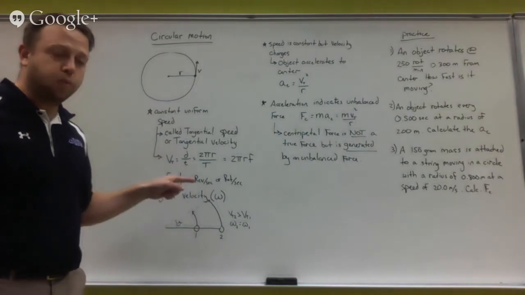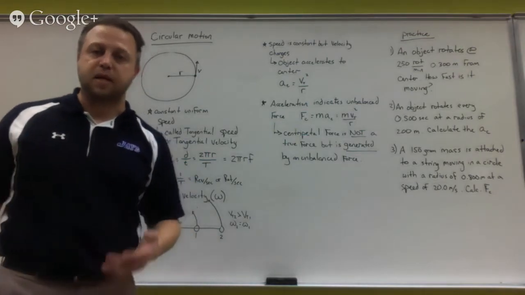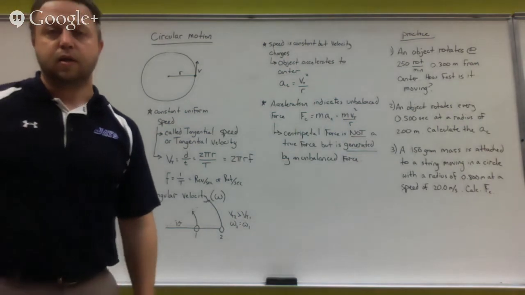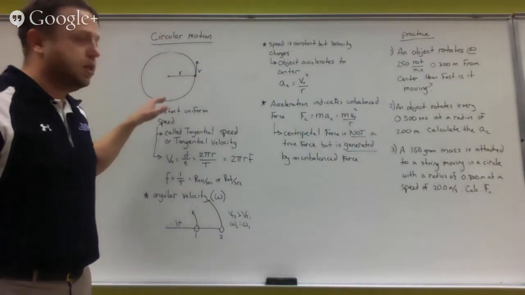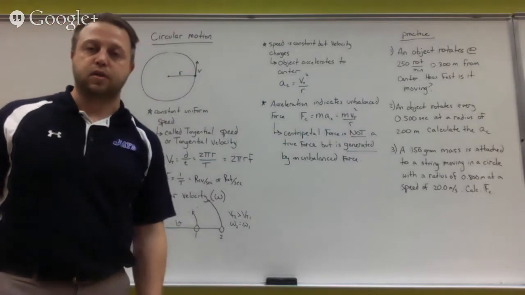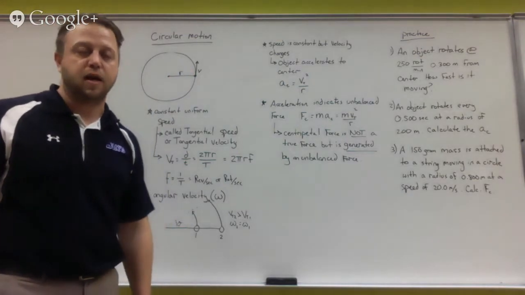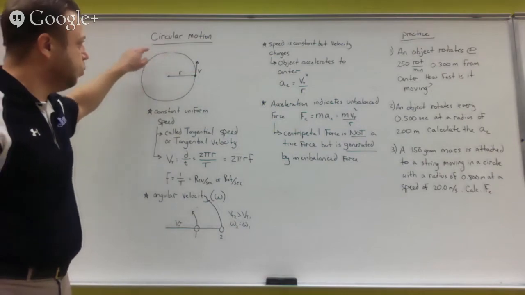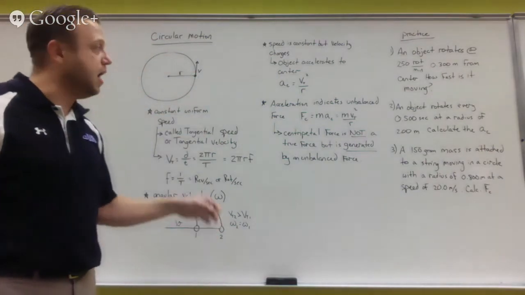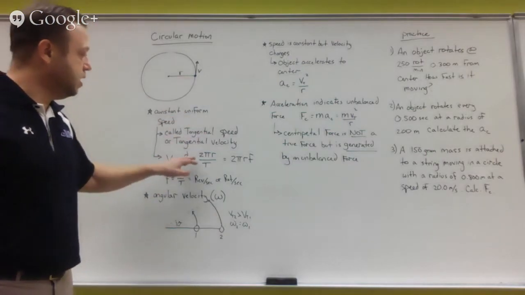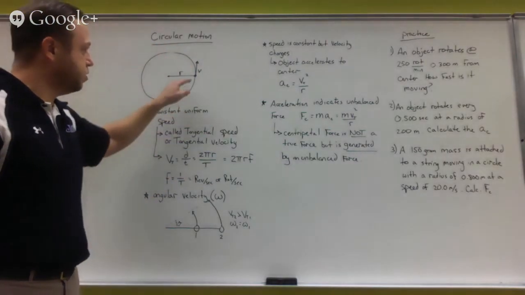But we should know by now that speed is just distance divided by time. So it should make sense that our equation for this object going around in a circle is still distance divided by time. The distance for one revolution from the center of the axis is the total distance, which is the circumference of the circle.